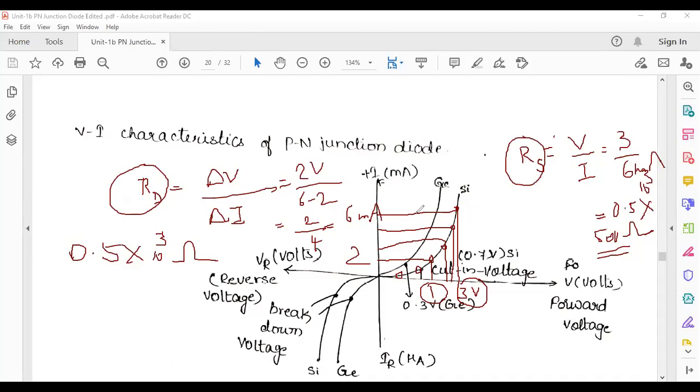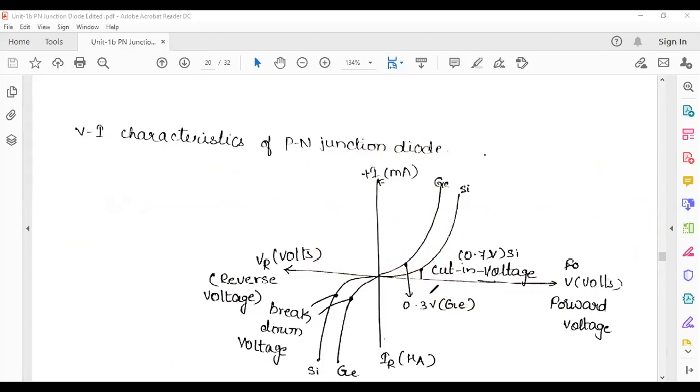This is about forward bias characteristics. In this way we can find out the VI characteristics of a forward bias diode.